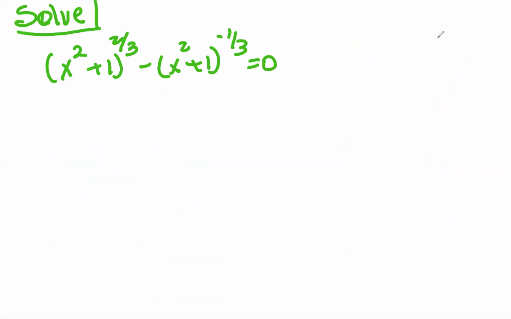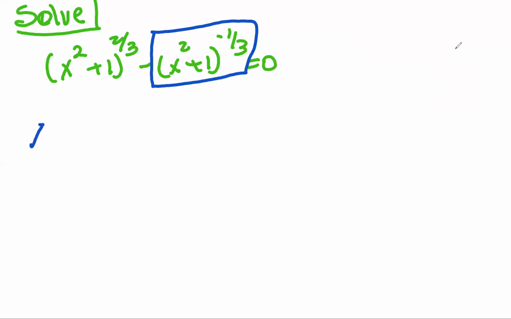All right, part of this was to solve. So if I want to solve this problem, I'm going to just do what I was doing in the first few problems that we had. We're going to factor out the lowest exponent, which is this one.